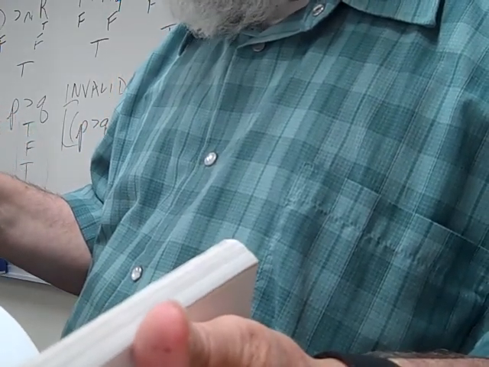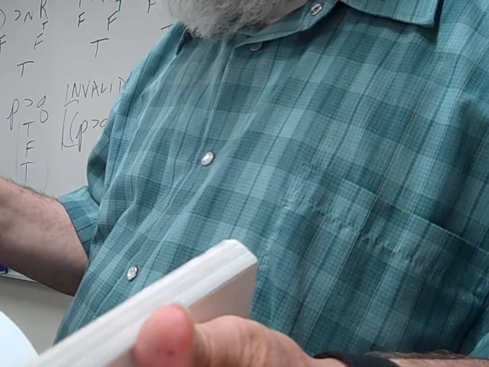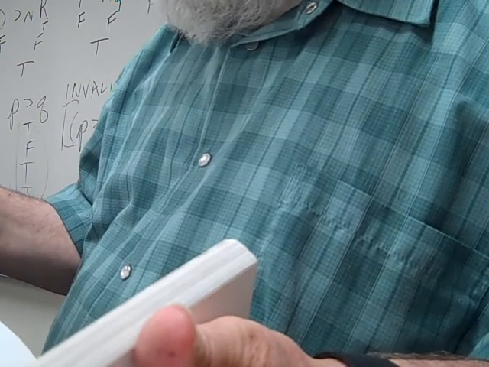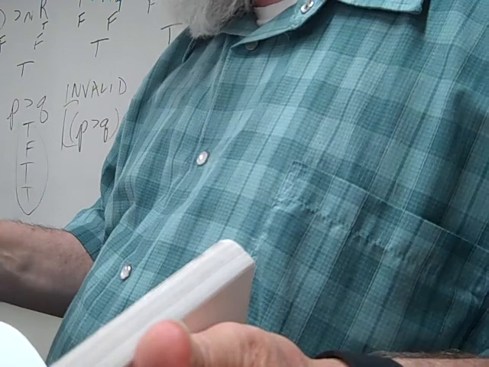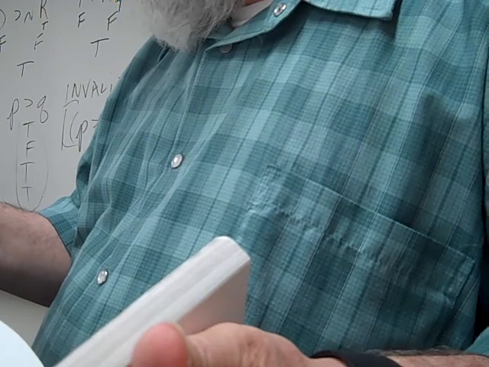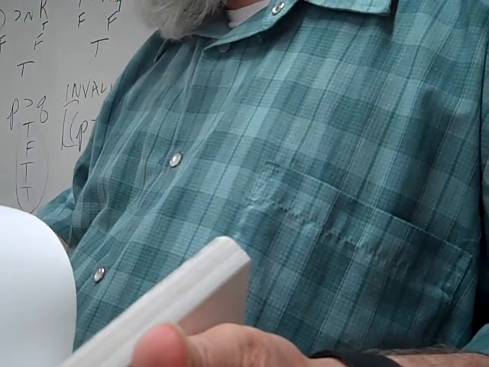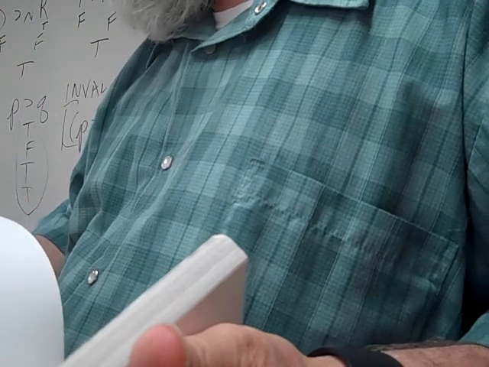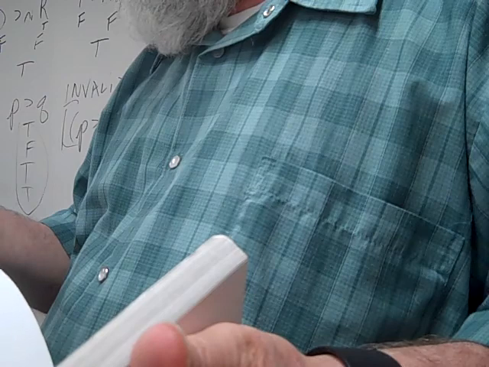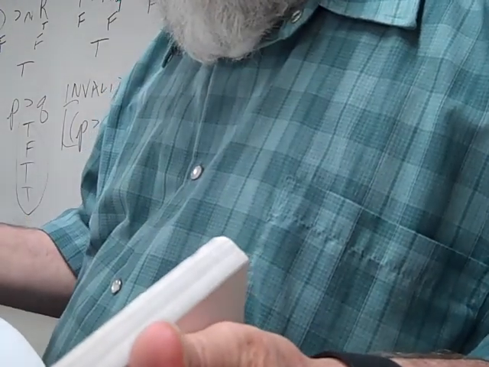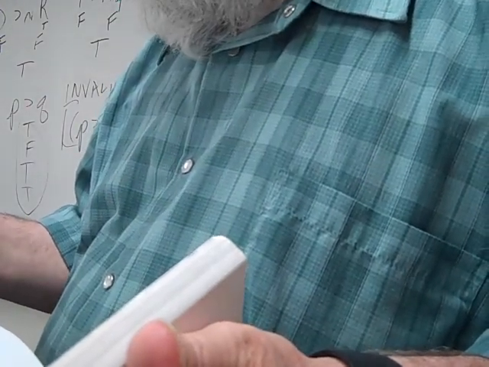Notice on the left side you have P if and only if Q. In this book, instead of using an equivalence sign, he uses 4 dots. That's a cheat for an equivalence sign. Oh no, he's got the 3 lines. It's just in material equivalence.